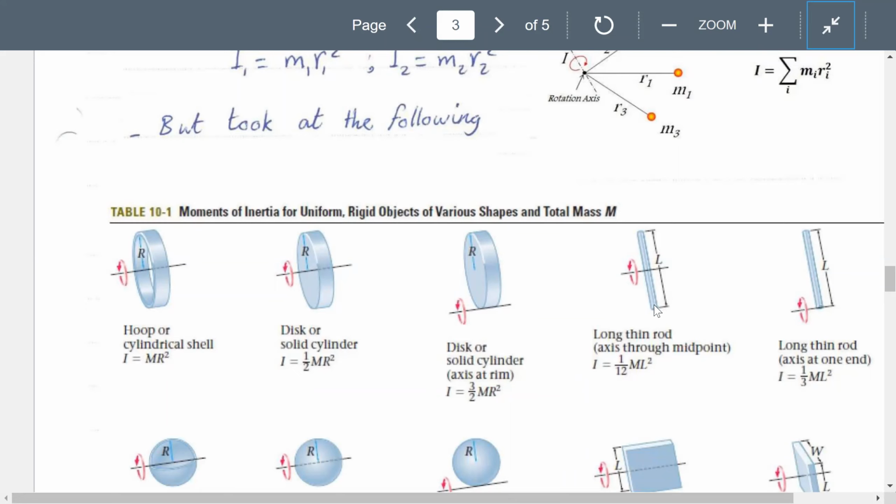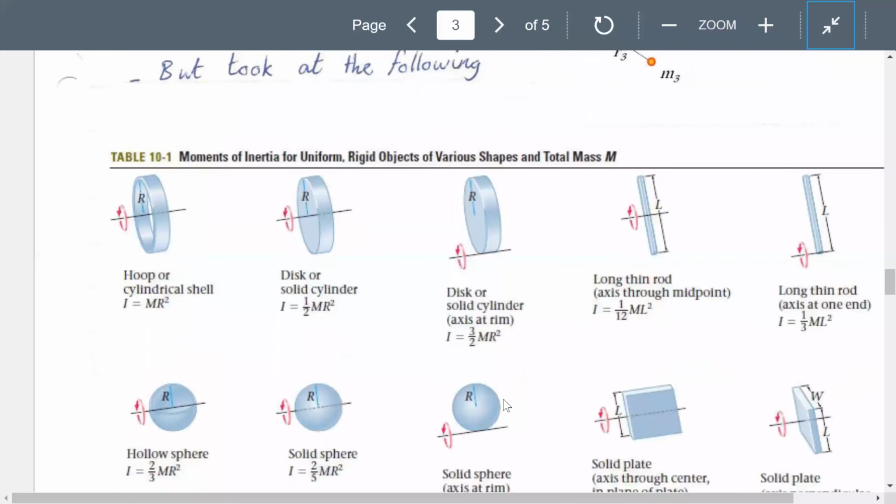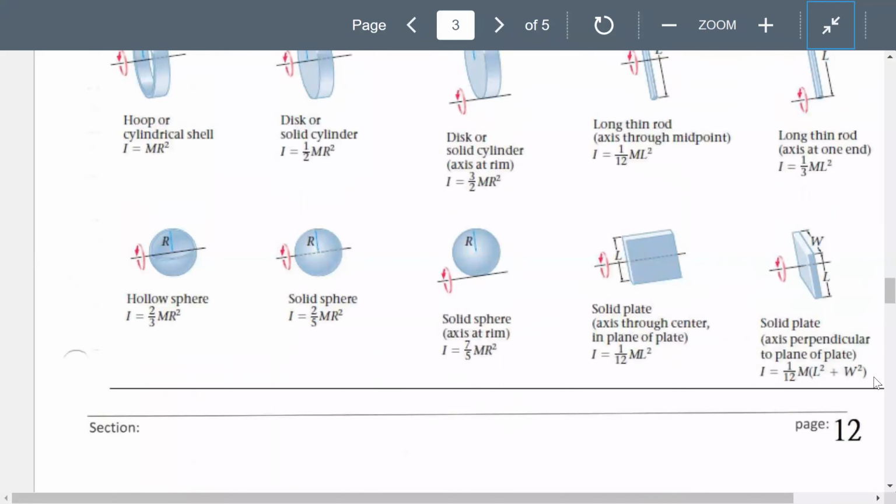Look at a rod, okay? It is rotating about its center of mass or its midpoint like this. It is 1/12 ml squared. But if the axis of rotation is at its end, it will be 1/3 ml squared. Ml squared, almost mr squared. It's okay. And the same for different objects.